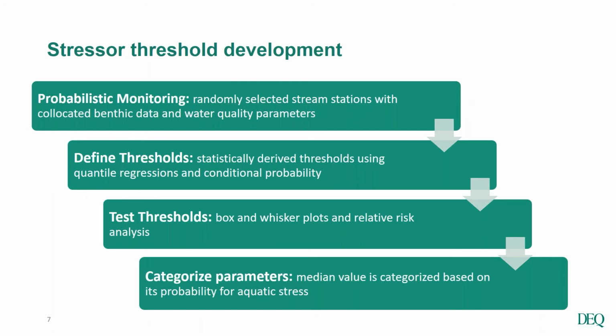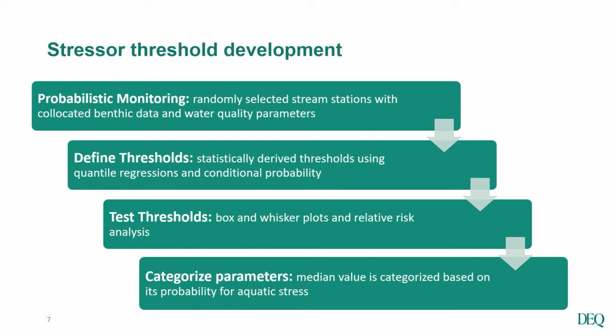So we use this information to help us develop these stressor thresholds. Again, it all starts with this really robust data set that we've collected for the past 20 years. And then we use that data set to define thresholds using some statistical techniques like quantile regressions and conditional probabilities and these change point analyses, where we can identify a number for each parameter that we're looking at, a number where we see changes in the macroinvertebrate community across Virginia.